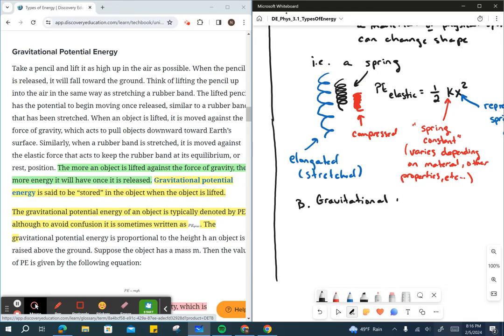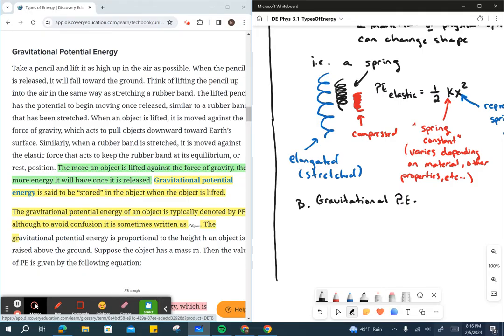I'm going to call this gravitational potential energy. Okay. Make sure you read the paragraph there, but this is this idea that you're stuck on the earth because a gravitational pull is pulling you down. If we were to have you climb up to the top of the second story at the school, you would have a certain amount of potential energy stored in your body because you've increased your height, right?